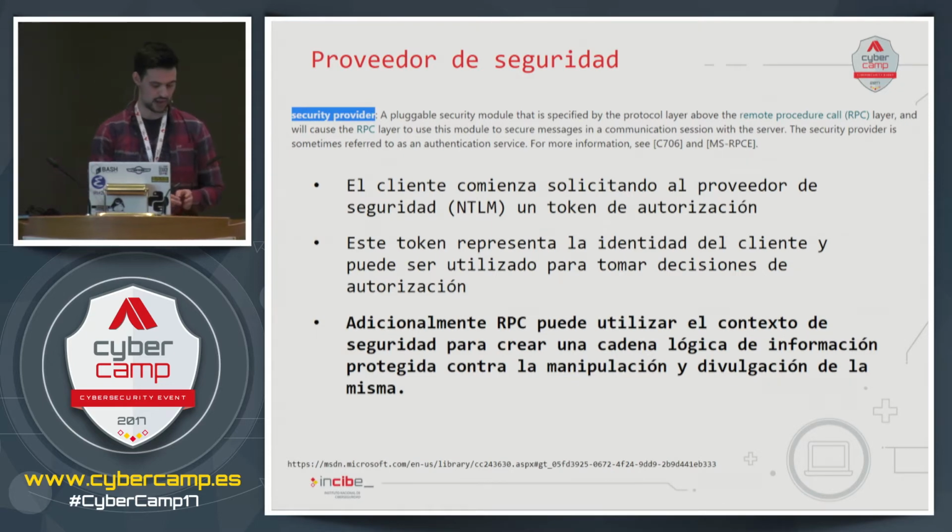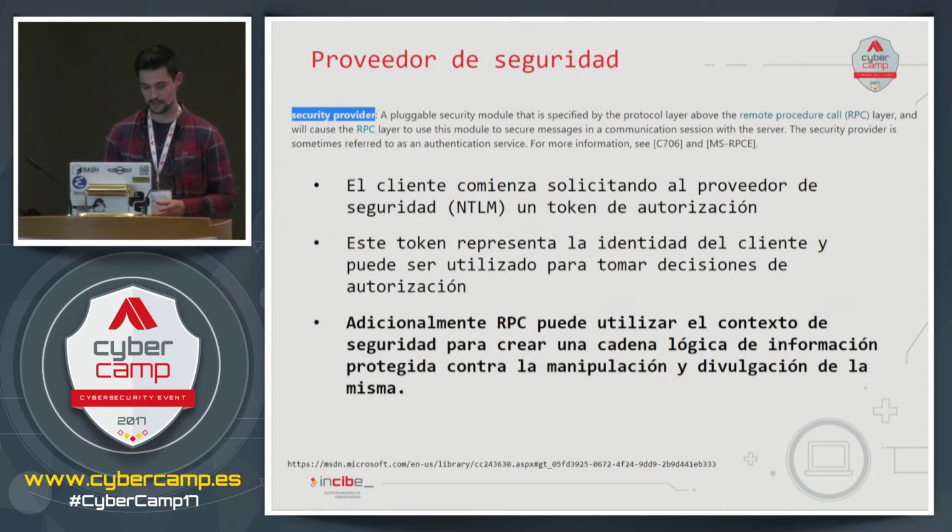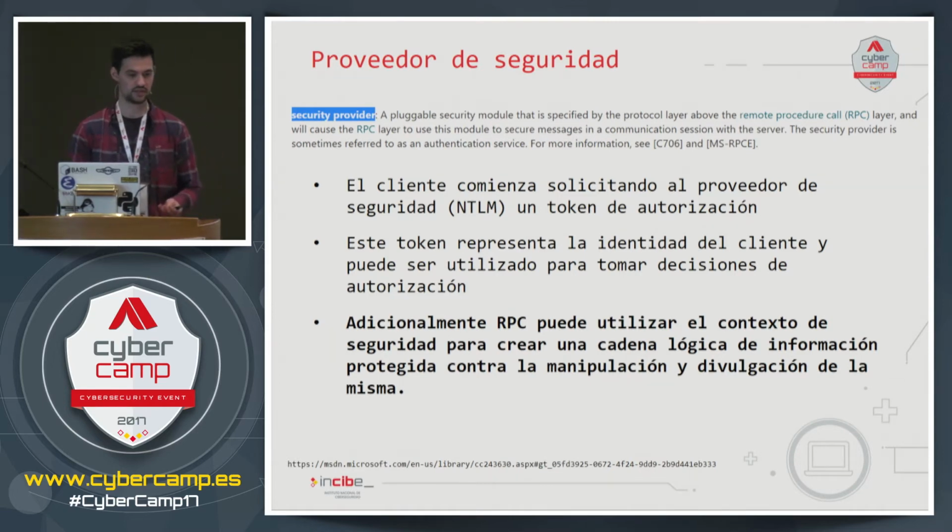So the client, before getting information about the context and the first bind message, will ask the security provider for the token. This token represents the client's ID and will be used for making authorization decisions.